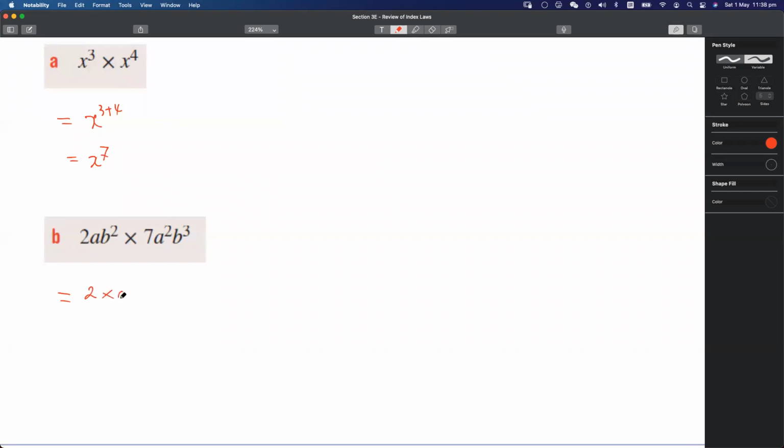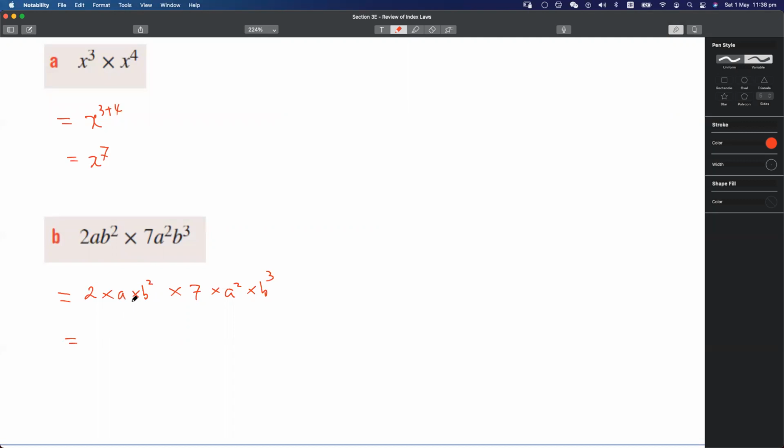So 2 times a times b squared times our second part here, 7 times a squared times b to the power of 3. And remember, for multiplication, you can switch the order, and that doesn't make a different answer.